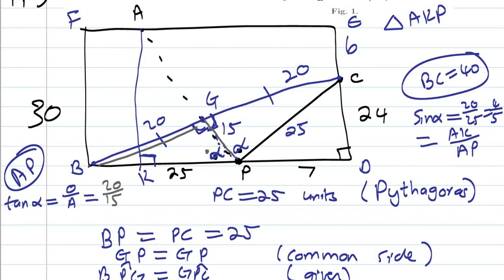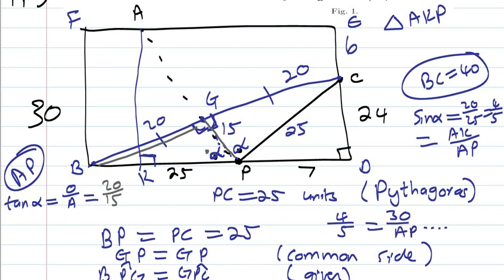Now, which one do we know? Do we know AP or do we know AK? Yes. Remember, we're playing in a rectangle, so AK is 30. So what we end up getting is that 4 over 5 is 30 over AP.